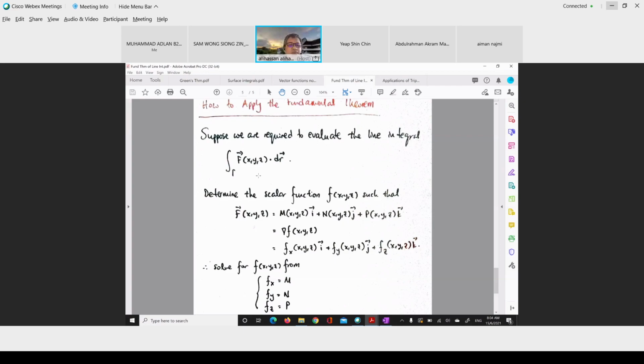Then by the fundamental theorem of calculus, this integral is equal to the antiderivative evaluated at the end point of the interval b minus the antiderivative evaluated at the initial point of the interval.